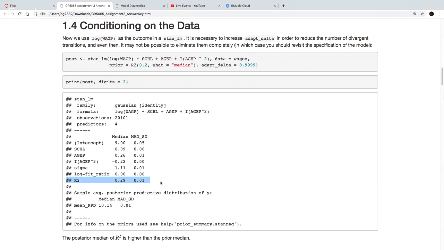But anyway, you update your beliefs about all the parameters, inclusive of the R squared. And some people were pretty surprised by things, but that's what happens when you update your beliefs a lot.